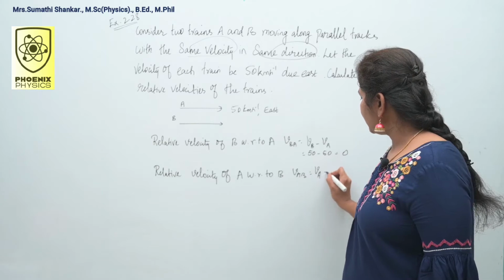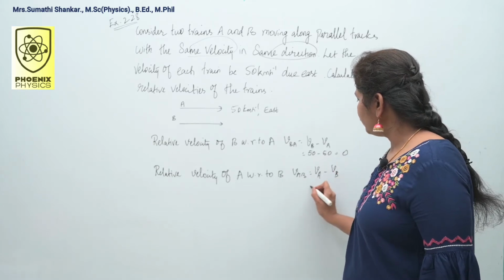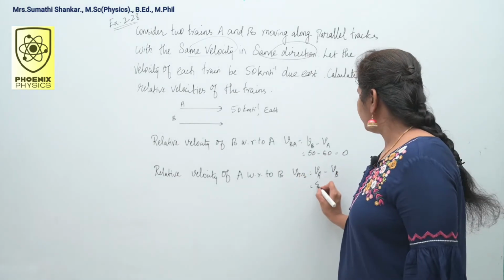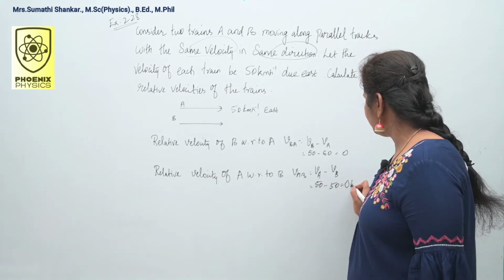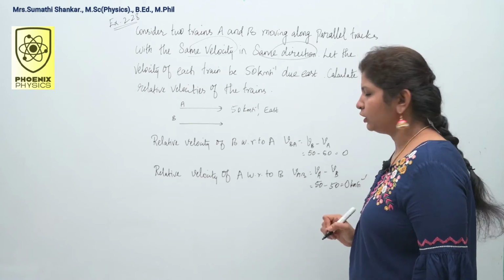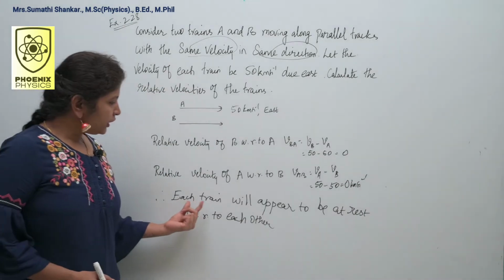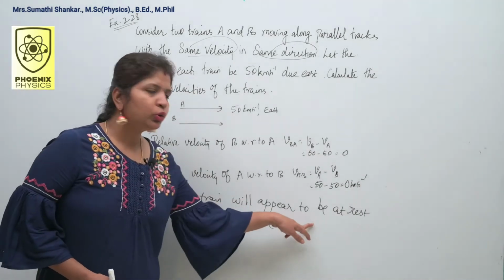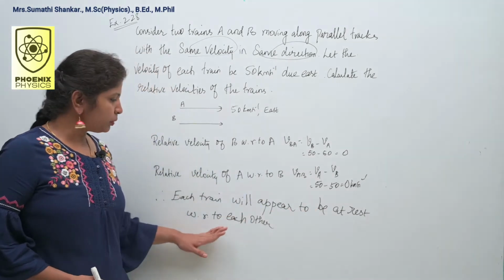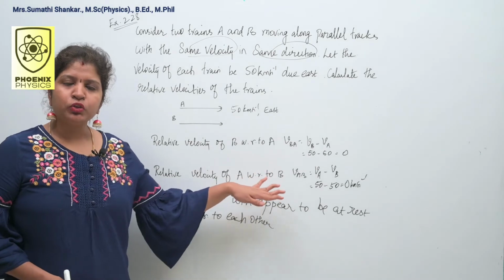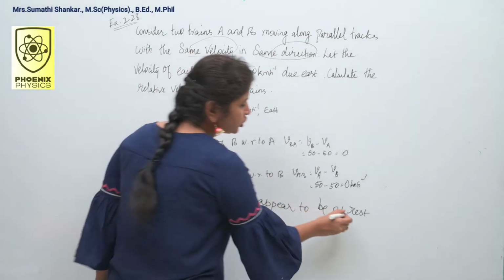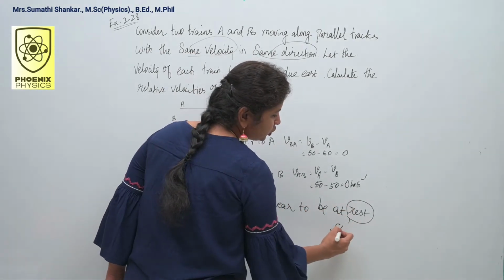Formula VA minus VB. Here also velocities are the same. So, 50 minus 50 equal to 0 km hour minus 1. Therefore, each train will appear to be at rest with respect to each other, which means the train appears to be at a stationary position. Rest means stationary position.